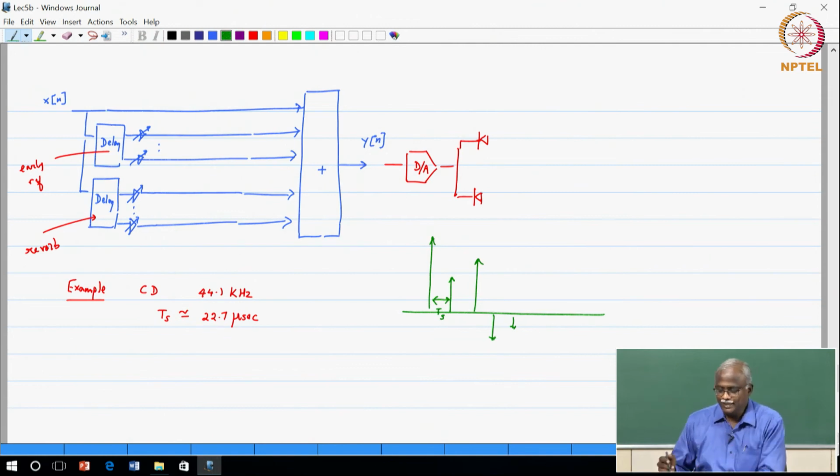Now anything that I do in the form of a delay, if I want to implement a delay in the digital domain, it will be z power minus n naught, where n naught is an integer.